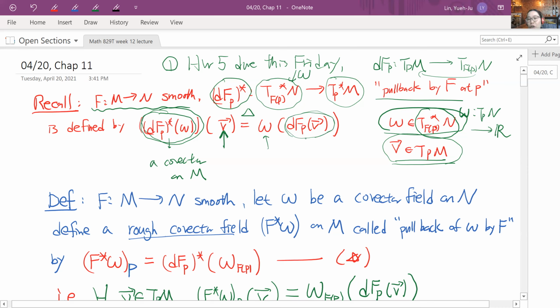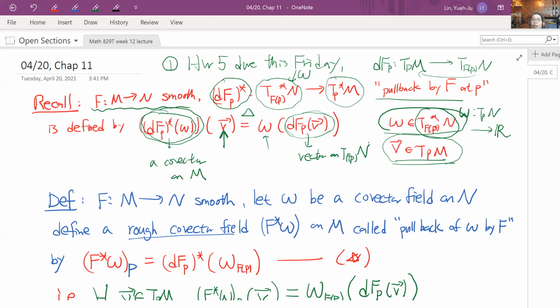So this differential of V is a vector on the tangent space. And W, as we defined, is a covector on N. So it makes sense to plug in a vector on the tangent space of N. And that's how we defined it.